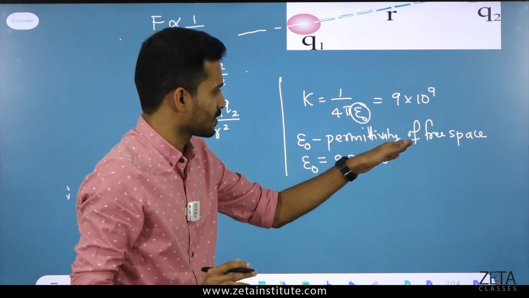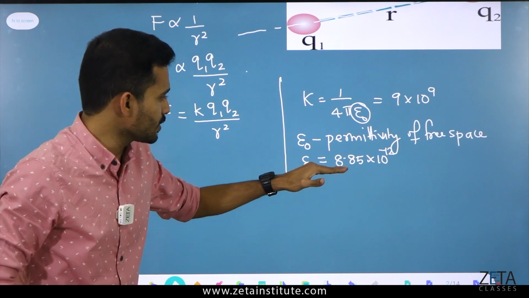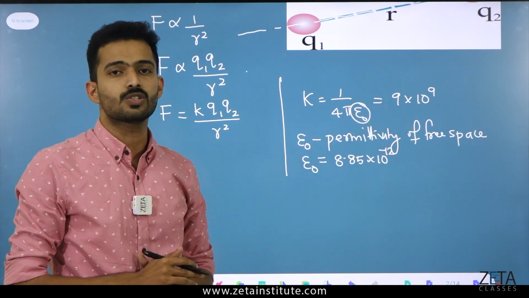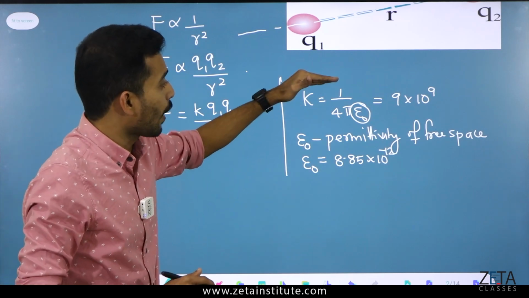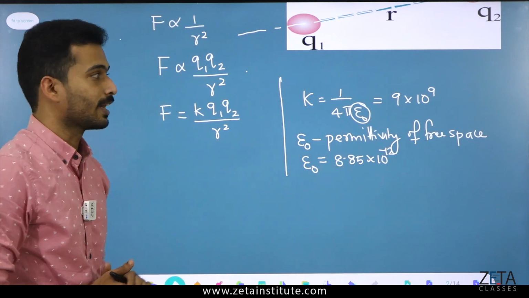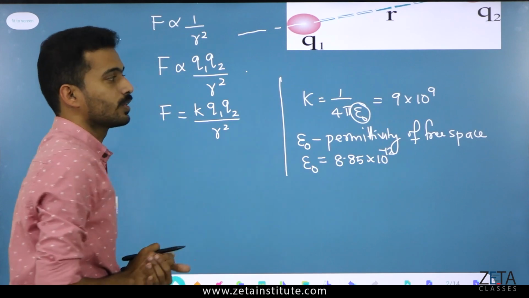Wait, let us write the units after discussing this. So epsilon 0 is 8.85 into 10 raised to minus 12, and the value of 1 by 4 pi epsilon 0 is 9 into 10 raised to 9.